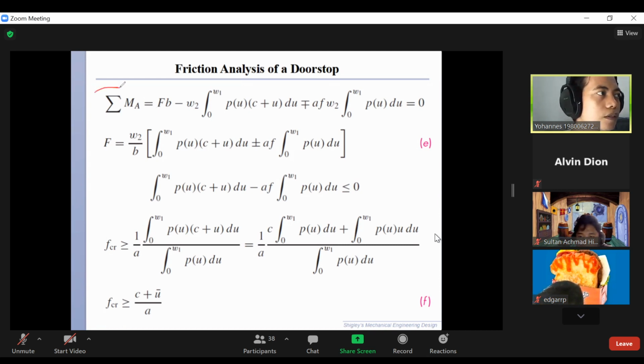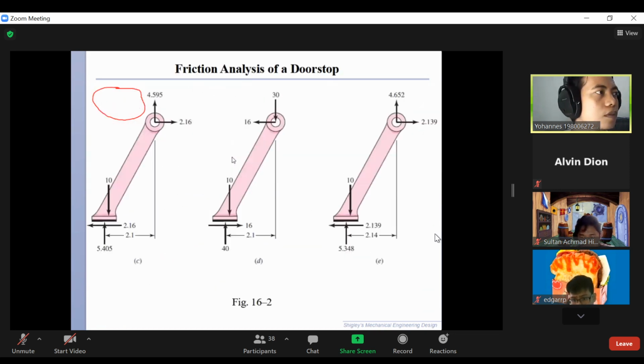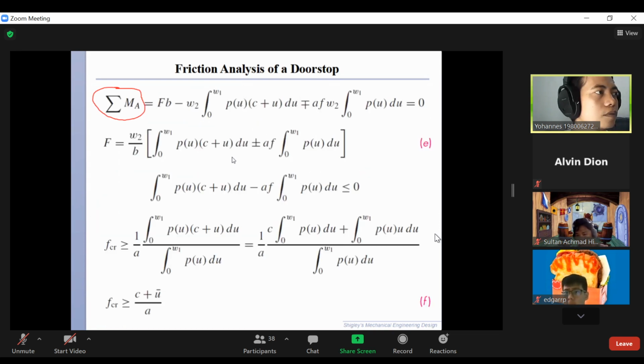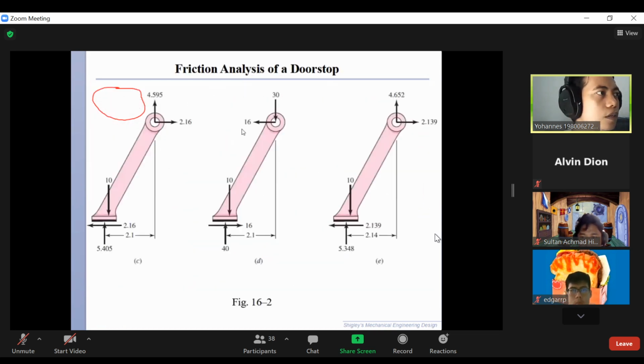So we evaluate the moment at point A. We take the point A here in this location.